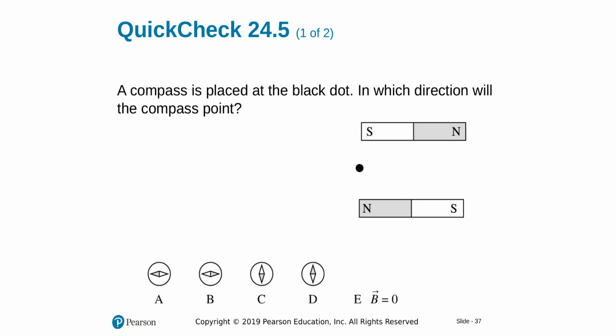Here's a combination question. In which direction will the compass point? North to south, right? Overall like this, passing from here, I expect to see an upward direction at around this point, north to south.